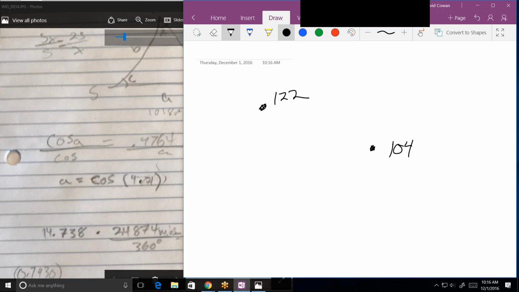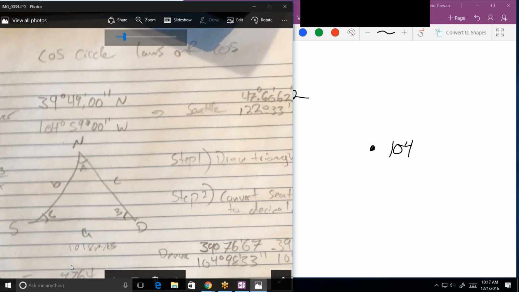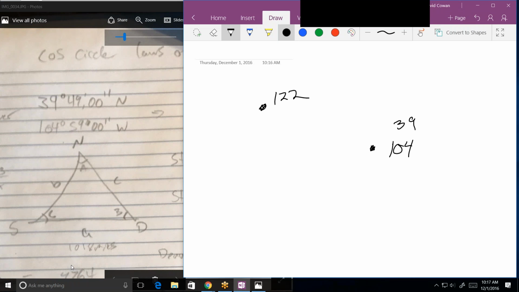I'm rounding it off just to help me. Denver's longitude is 39, Seattle's longitude is 47. So that gives us a good understanding. Seattle is 18 degrees west of Denver and 8 degrees north of Denver. Again, I'm rounding it off just so maybe we can get an idea here.